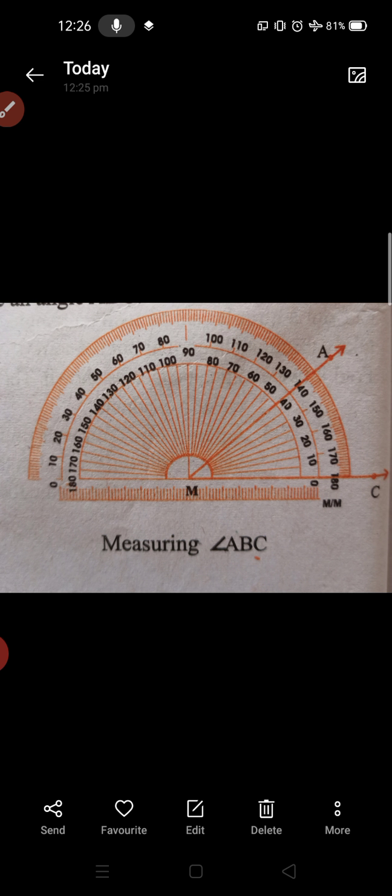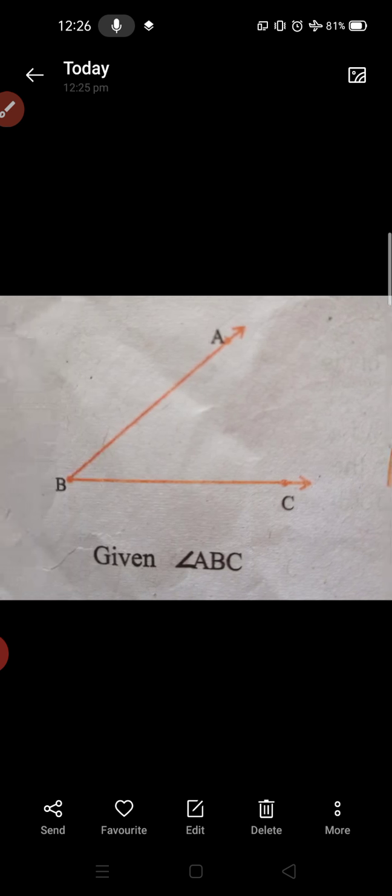First, place the protractor so that the midpoint M of its straight edge lies on the vertex B of the angle. Here, where is vertex B? For the given angle ABC, B is the vertex in the middle.